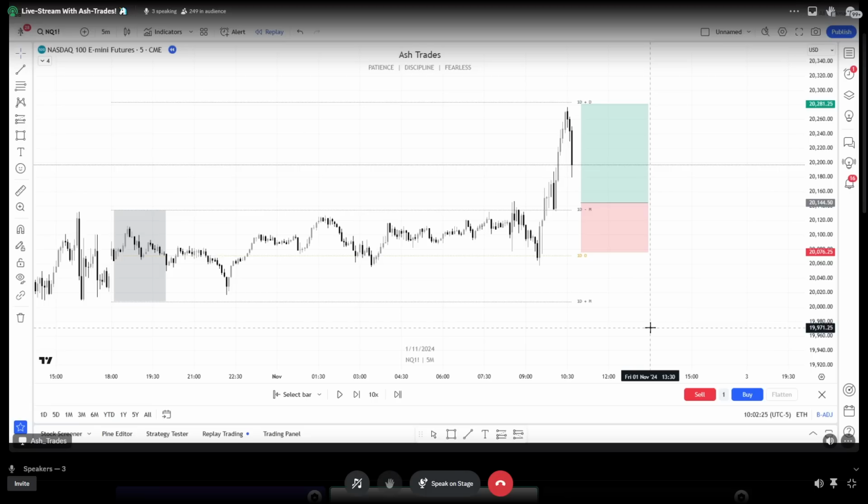I'm going to say that one more time so everybody can hear me. It's not the model. It is not the model. You can use inversions, you can use unicorns, you can use order blocks. It's not the model. It's the operator. It's the operator that creates a profitable model.